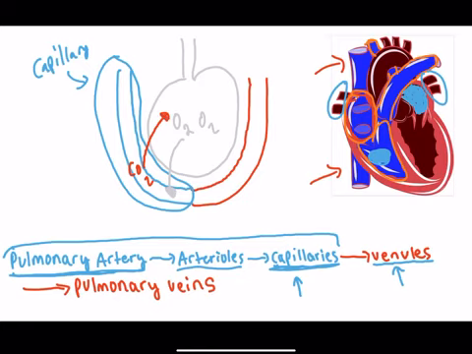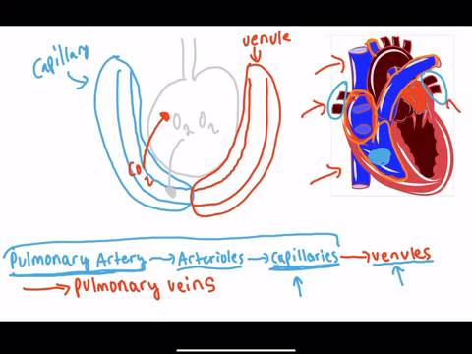Now, since the capillary is oxygenated, it turned into a venule, and this venule took that oxygenated blood back into the left side of the heart, in particular the left atrium, through the pulmonary veins of the heart.